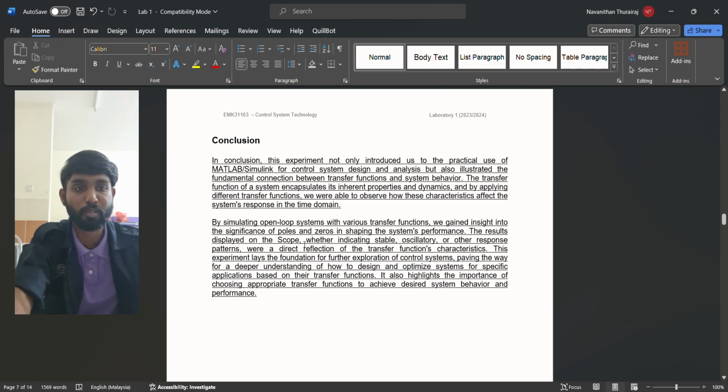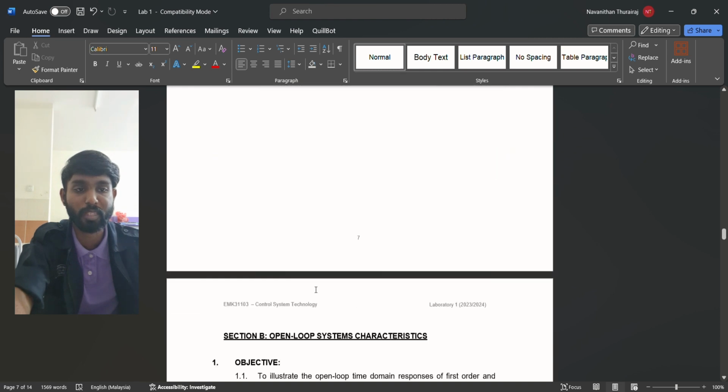The results displayed on the scope, whether indicating stable, oscillatory, or other response patterns, were a direct reflection of the transfer function's characteristics. This experiment lays the foundation for further exploration of control systems, paving the way for a deeper understanding of how to design and optimize systems for specific applications based on their different transfer functions. It also highlights the importance of choosing an appropriate transfer function to achieve the desired system behavior and performance.